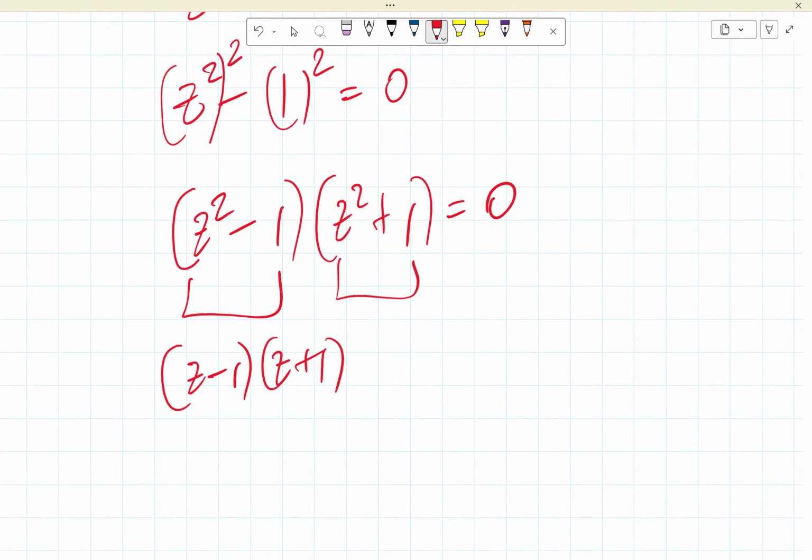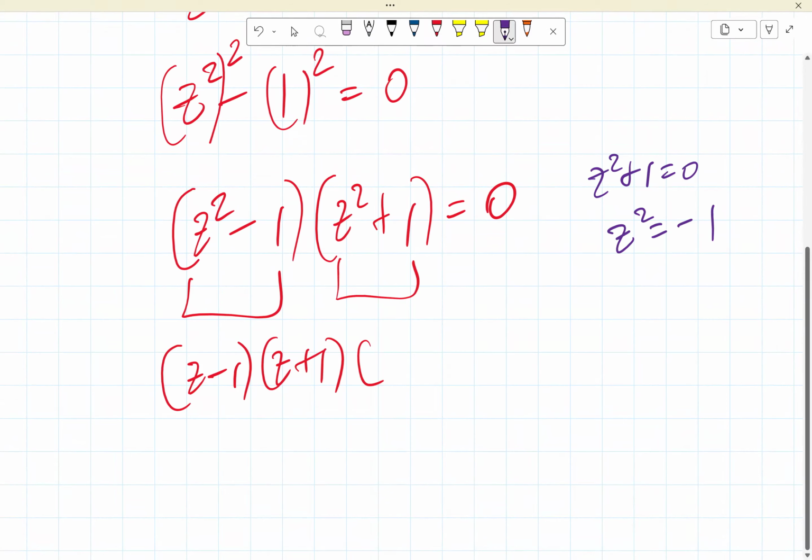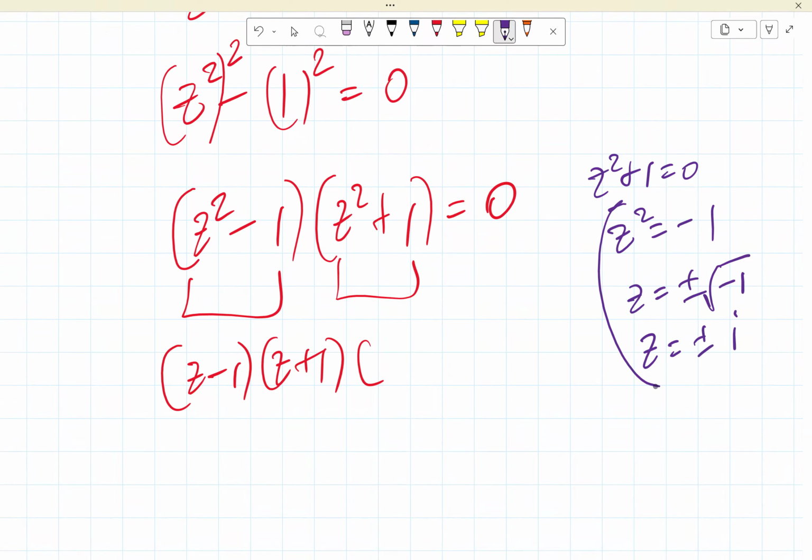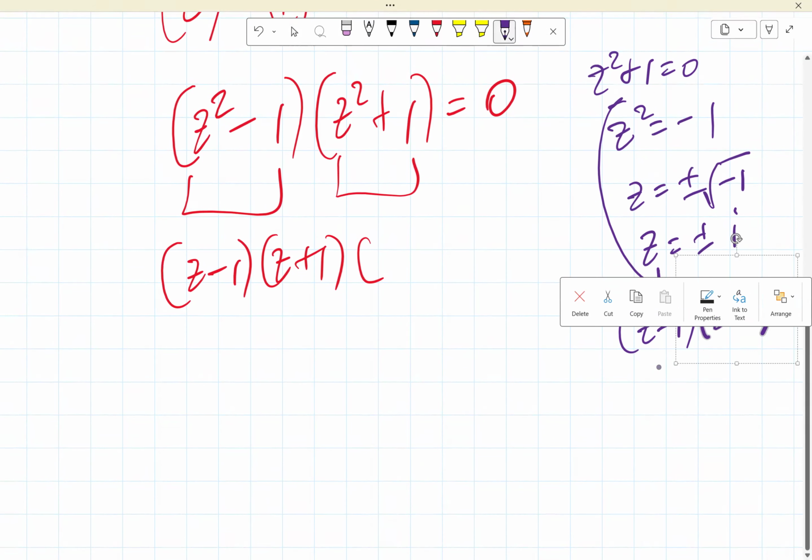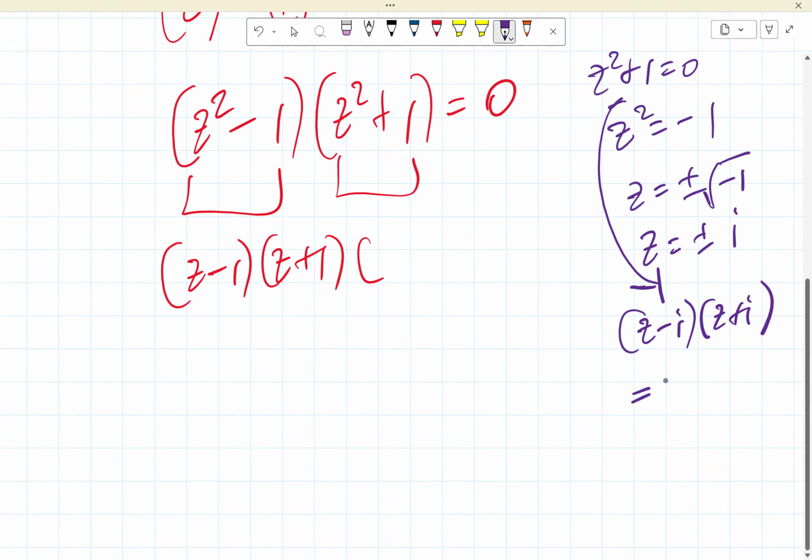But for this, z squared plus 1, if you have z squared plus 1 equals 0, that means z squared is equal to minus 1. So z is equal to plus or minus square root of minus 1. So that means z is plus or minus I. So in essence, you can express this as z minus I into z plus I. And to be sure that is correct, you can even try to expand. z times z is z squared. z times I is iz, that's plus iz.